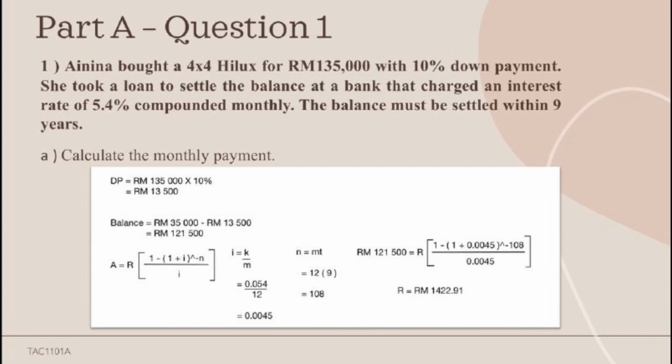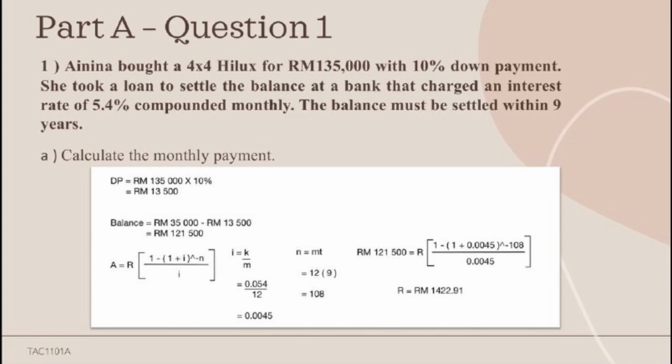So if we need to find out the i, it is k over m, where k is the interest rate given in the question, and m is the compounding stated in the question. So k is 5.4%. We need to change it into decimal, so 0.054.